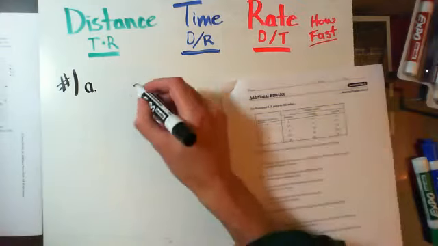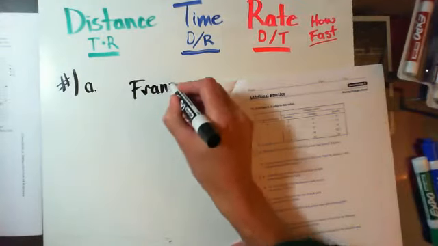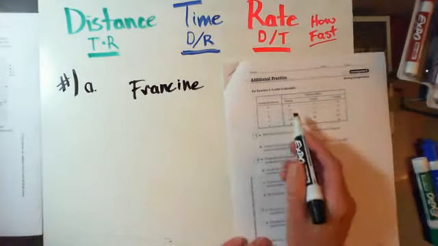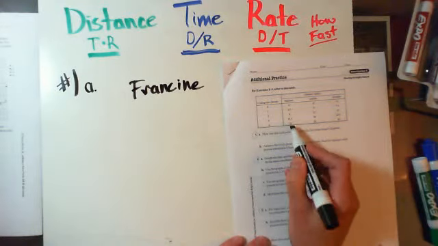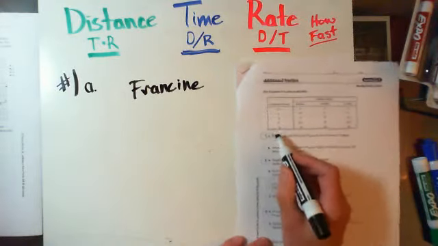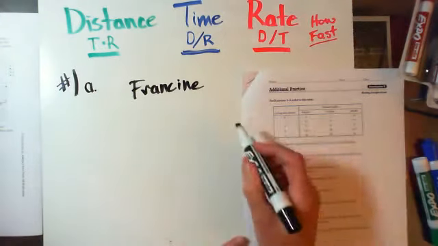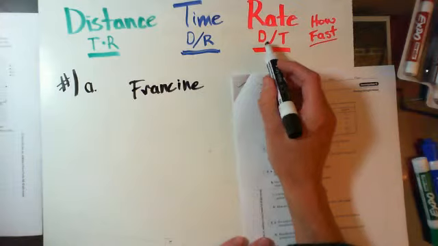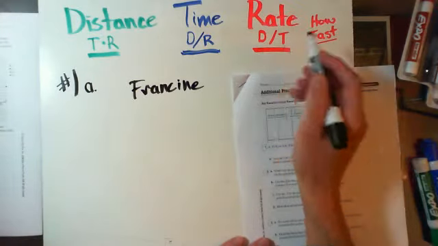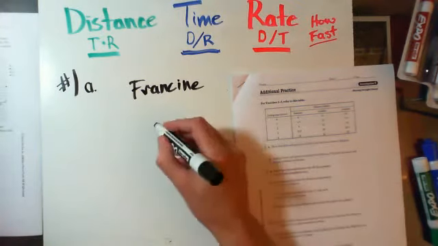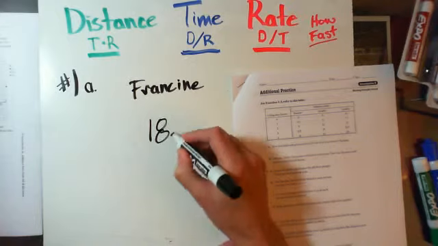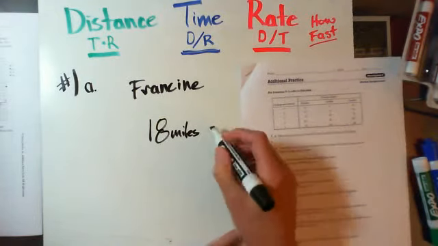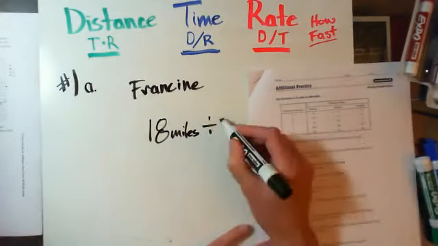For Francine, she went 18 miles in 4 hours. According to this up here, to find how fast she went, we would do the distance divided by the time. She went 18 miles, and she did that in 4 hours.